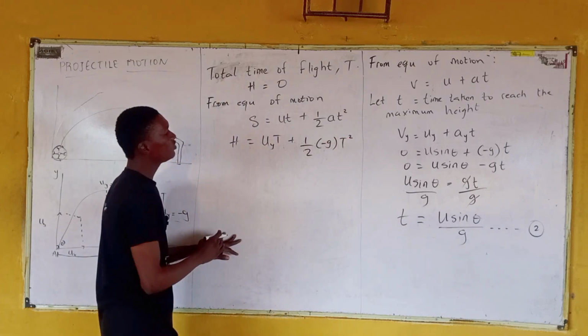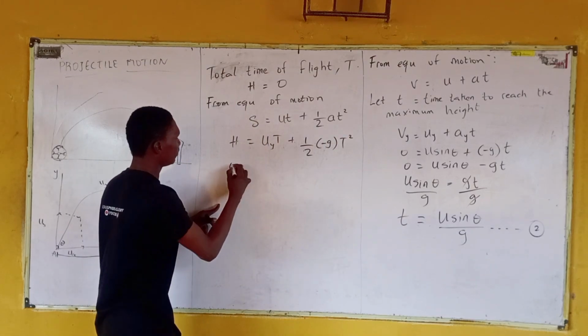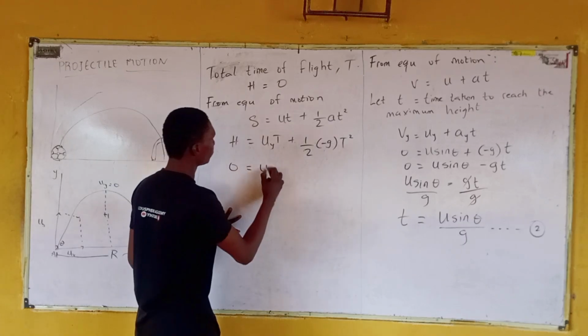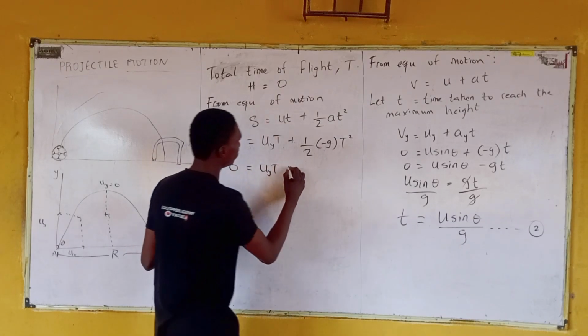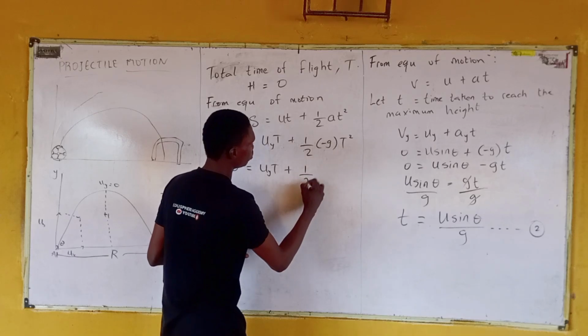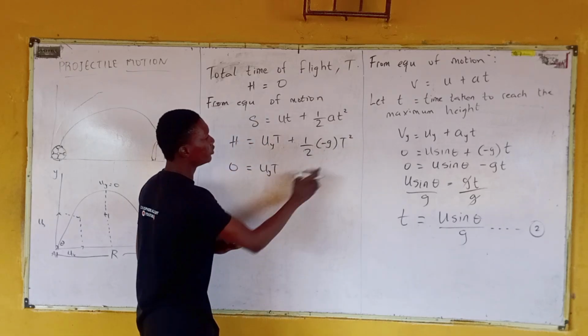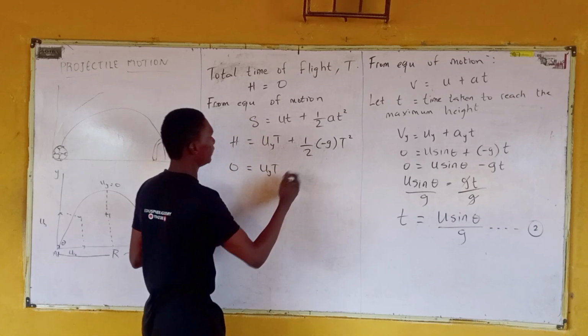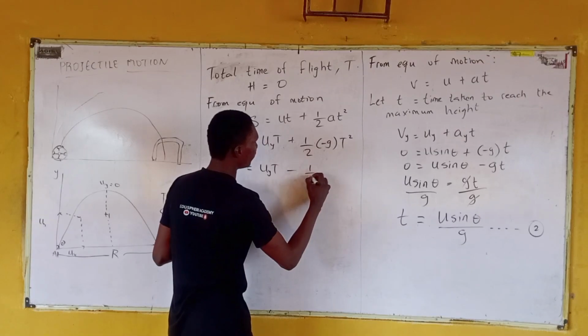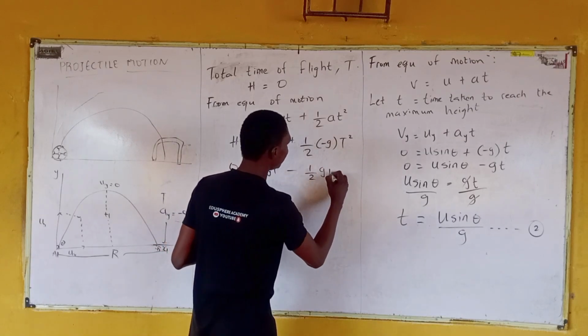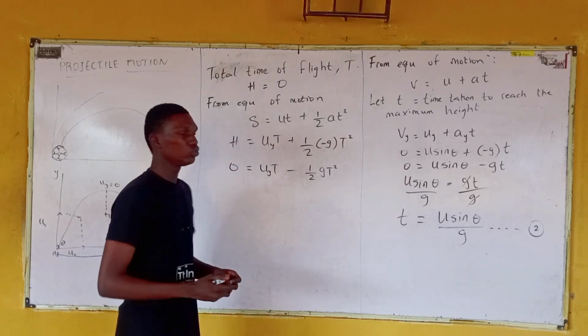Now, we can deduce that our H is 0. Then we have Uy times T, plus, using this minus to multiply, minus 1 over 2 gT squared.